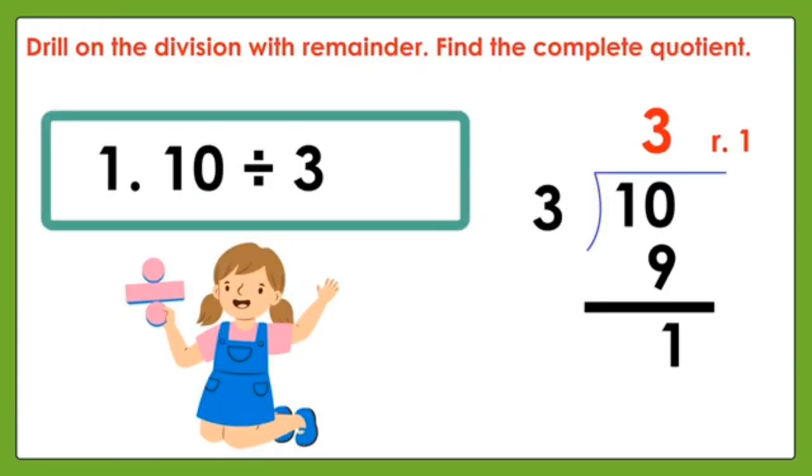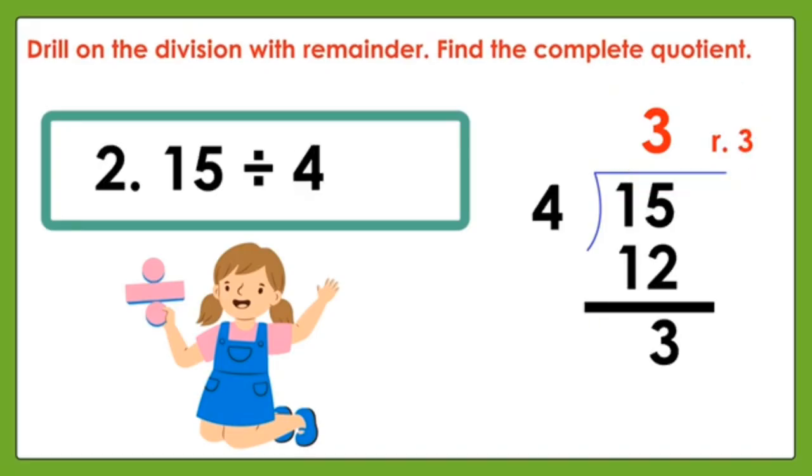Number 1, 10 divided by 3. The answer is 3 with remainder 1. Number 2, 15 divided by 4. The answer is 3 with remainder 3.